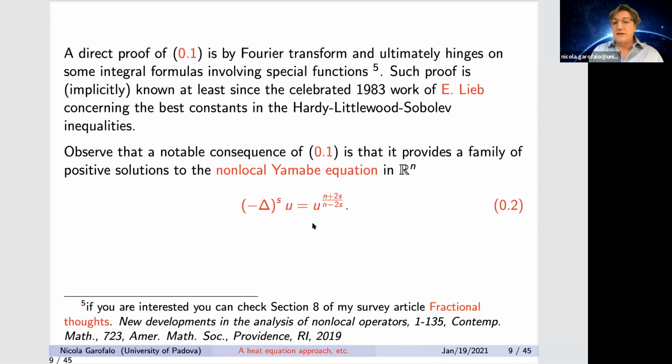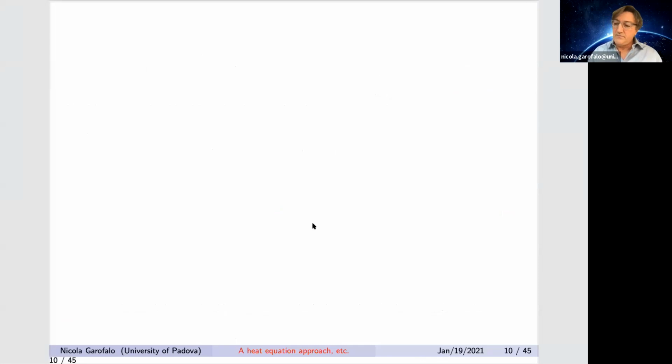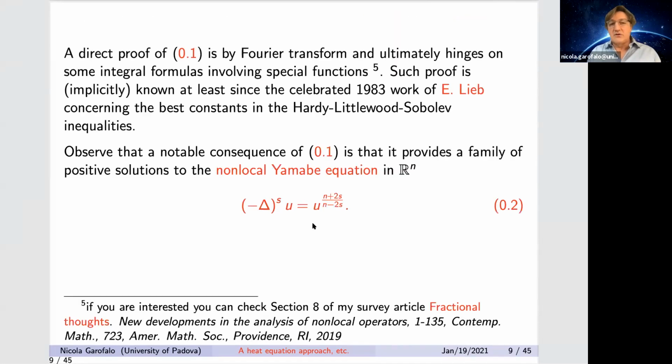That equation arises in many questions concerning the fractional Laplacian, questions of invertibility, questions of finding the fundamental solution of the fractional Laplacian itself. And of course, it arises in connection with this nonlinear equation here.